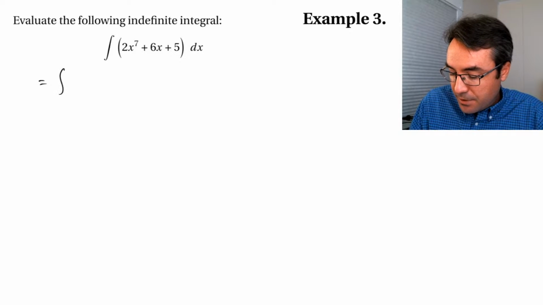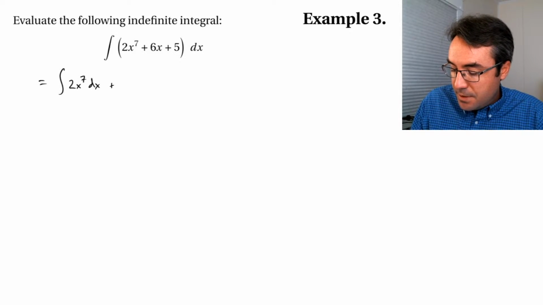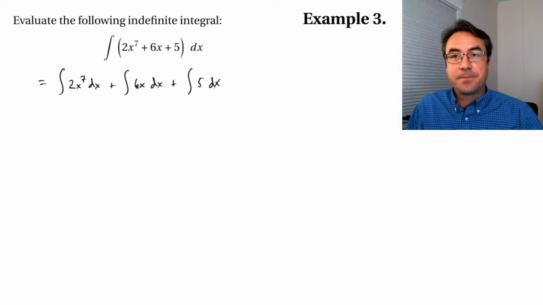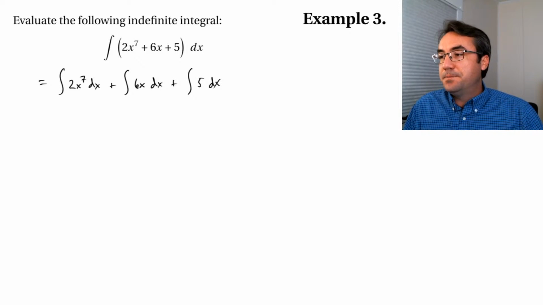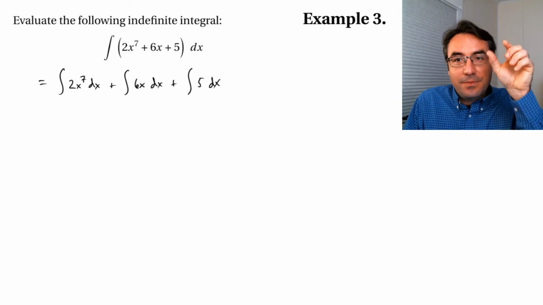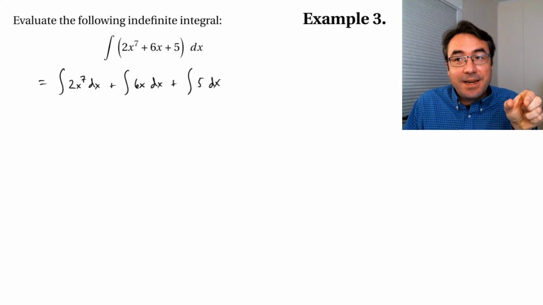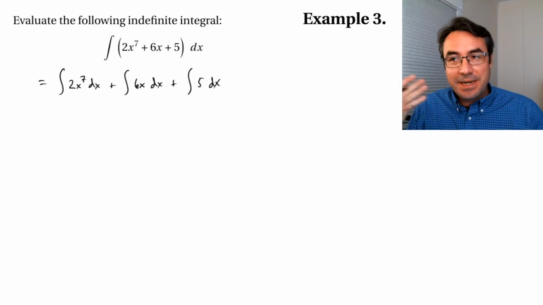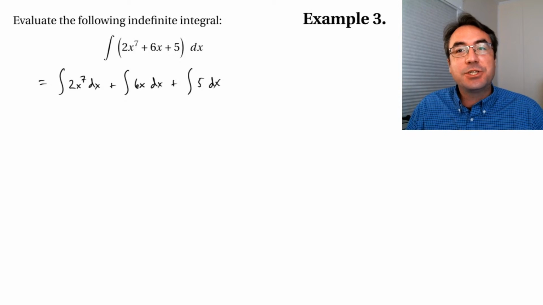So we'll have the integral of 2x to the power 7 dx plus the integral of 6x dx plus the integral of 5 dx. So just be careful with notation. Each integral should have an integral sign in front and a dx at the end. So just want to get into the habit of good notation here.